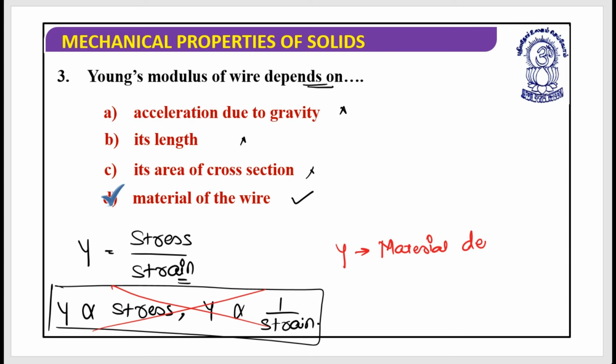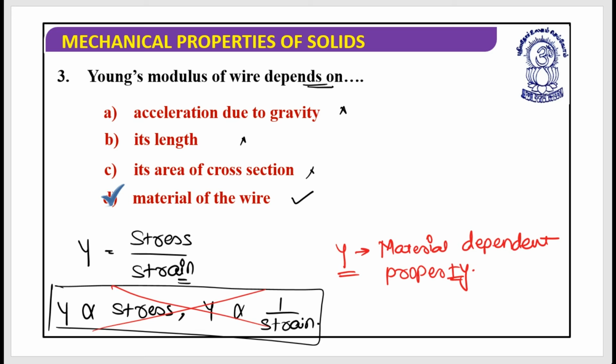You could not think like this. Young's modulus is a material dependent property. So if you want to change the Young's modulus, just change the material. But by changing the stress, you are not going to change it.